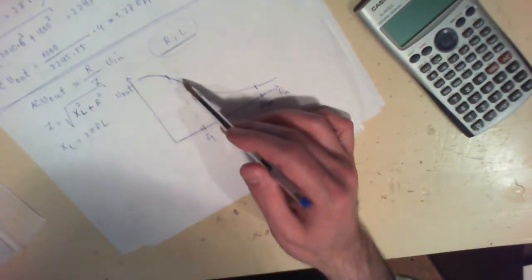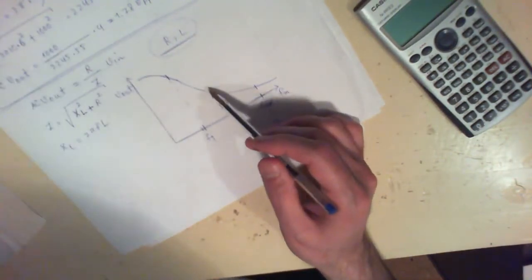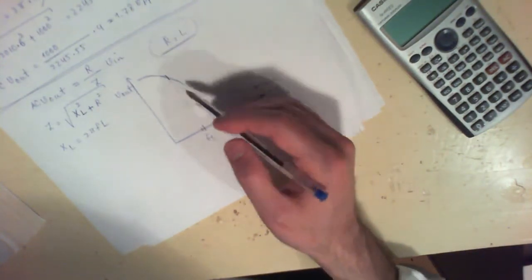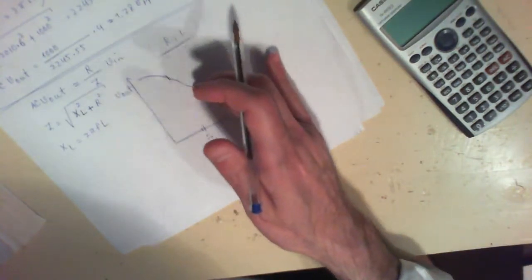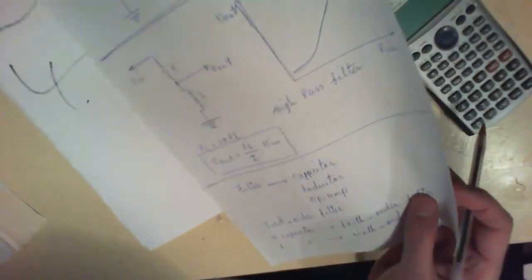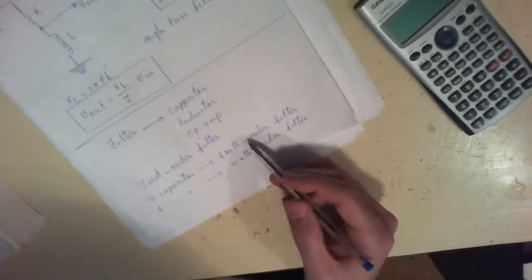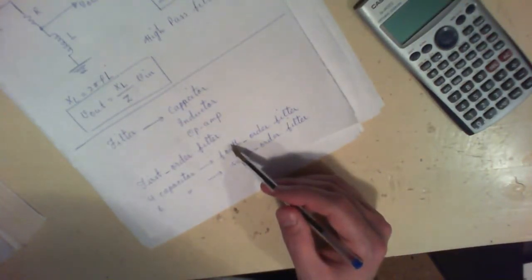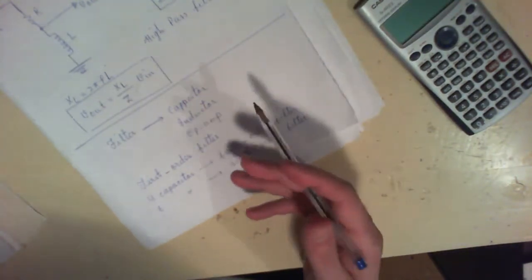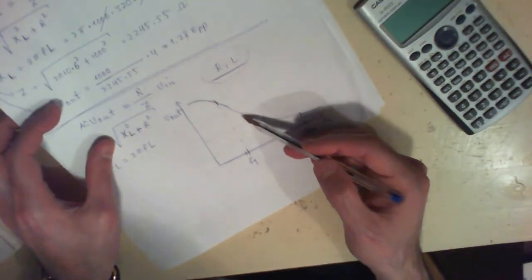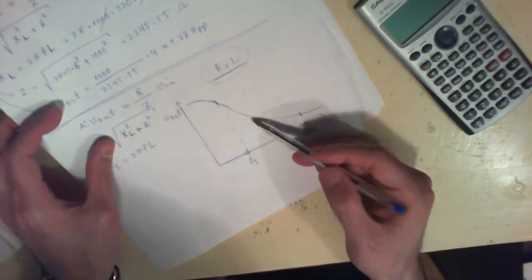Now, one thing that you can do is that you can control the slope of this line by the order of the filter that you use, meaning that, for example, the more capacitors that you use in your filter, the higher negative slope you're going to have.